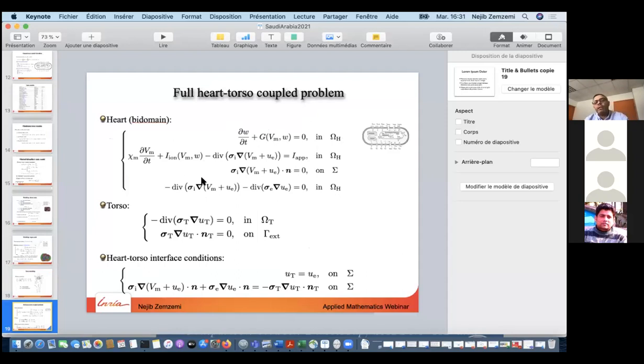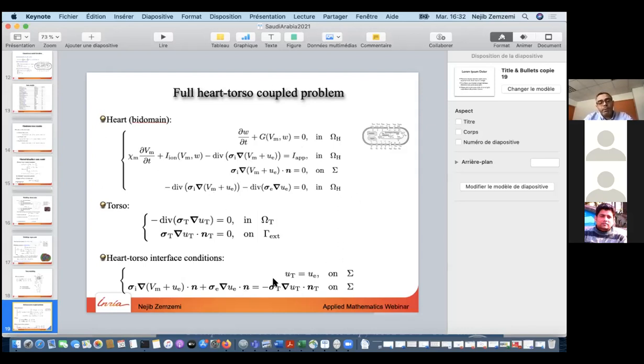If you look at the fully coupled heart-torso problem, you have the bidomain model, in which you have the ionic model, which could be either very detailed, biophysically detailed, or a phenomenological model. You have the reaction diffusion bidomain equation, the coupled problem, and you have the torso problem.